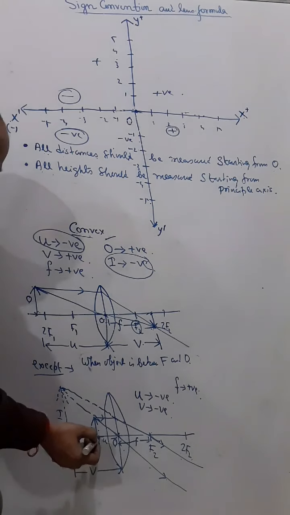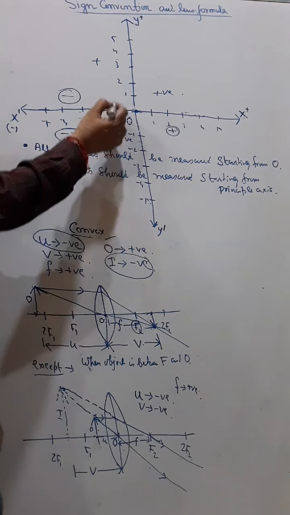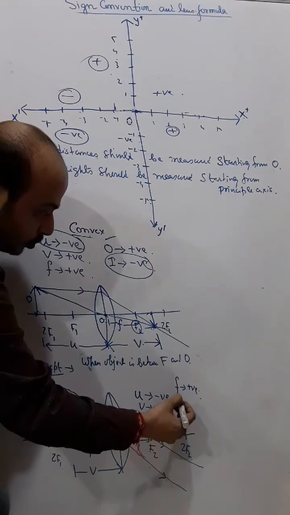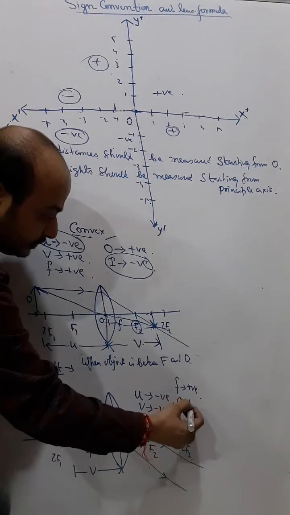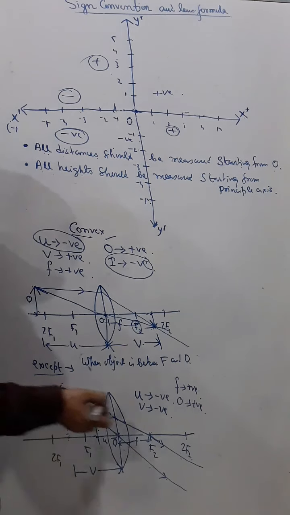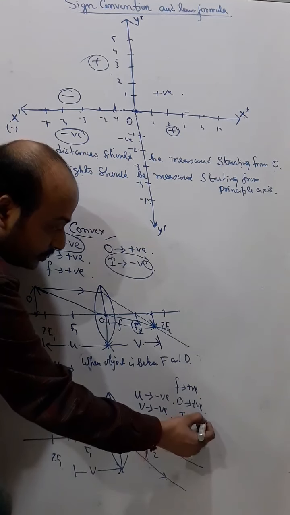Size of the object, again from principal axis we are going upward. Principal axis means think as x-axis, from x-axis to upward we are going positive, so that means here O is positive. And again the height of the image, that is also positive, right? From principal axis we are going up, so height of the image, that is also positive.